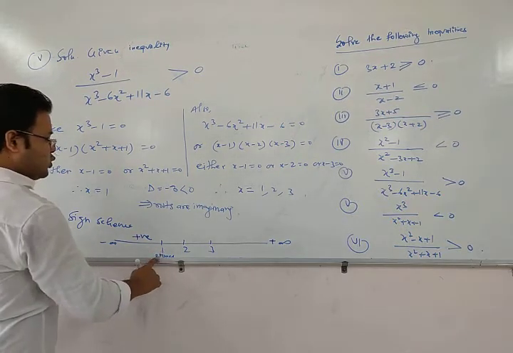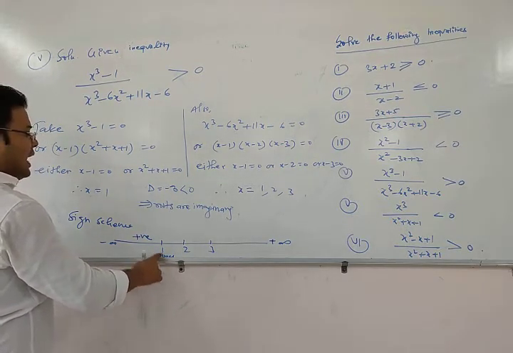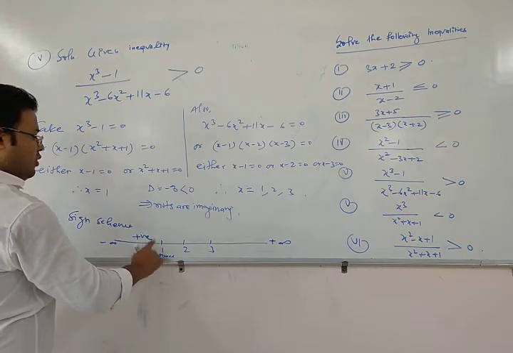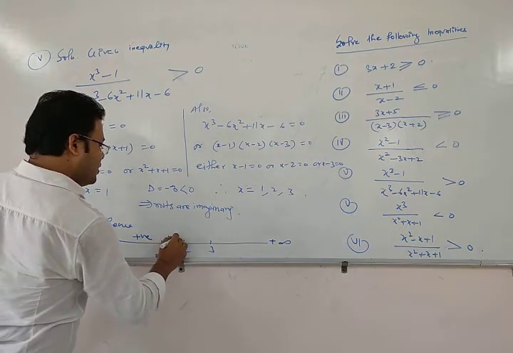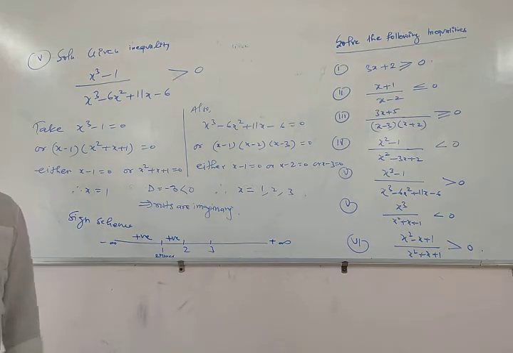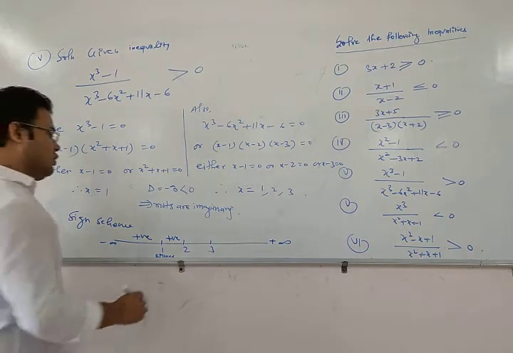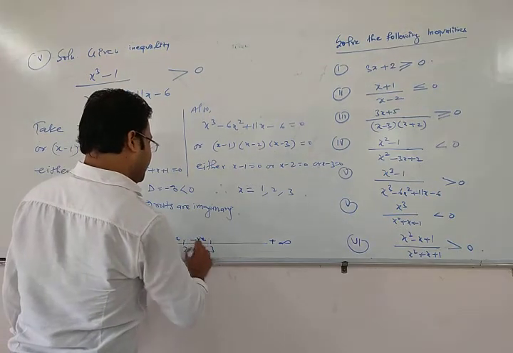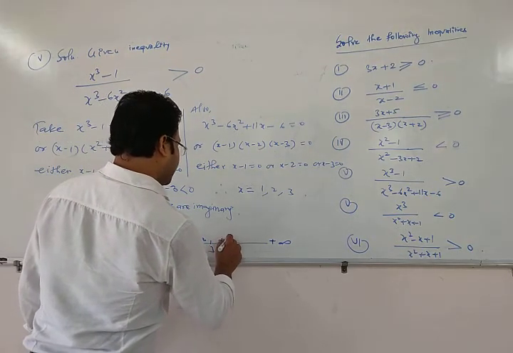Since 1 occurs 2 times, therefore on either side of that root will be same sign, so here we put positive sign also. There is no repetition of the root 2 and 3, so we have to put alternate sign, so we can write negative here, and positive sign here.